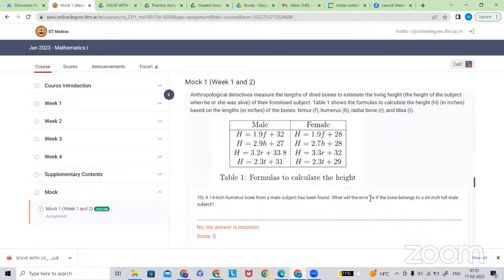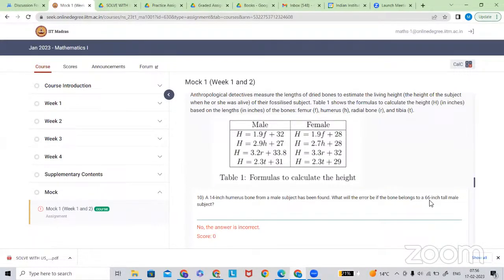The next thing given is, if the man is 66 inches tall, then what is going to be the error if you calculate height using this formula? Whatever you get, and here it is saying, suppose by luck he is 66 inches tall. Then what is the error going to be using this formula?